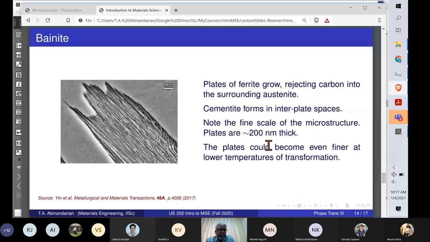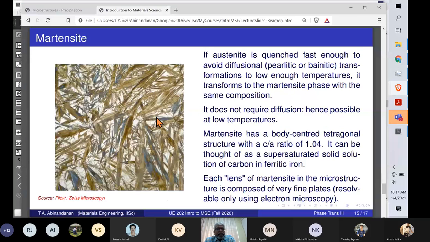The interesting thing there is that it has 0 carbon, so you don't find cementite, but you find extremely thin plates of alpha in a particular form. That is known to have tremendous strength and so on, and it has found interesting properties. I'll send you those links separately. Take a look at that.